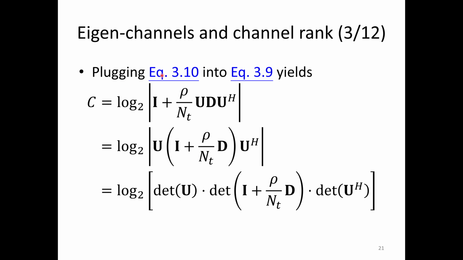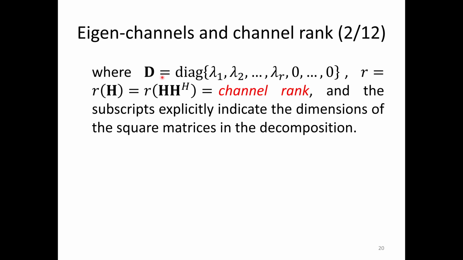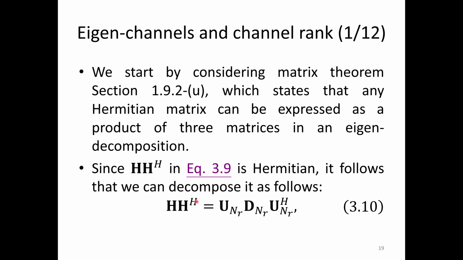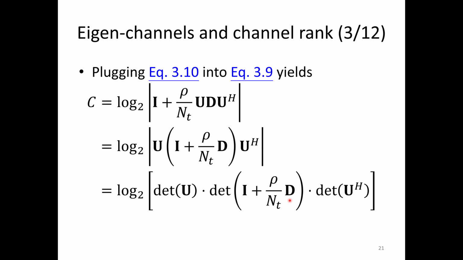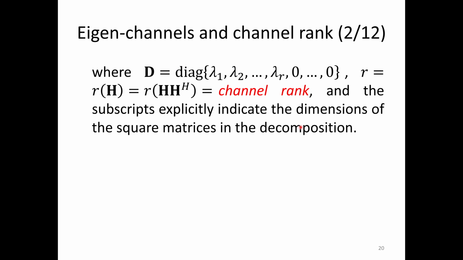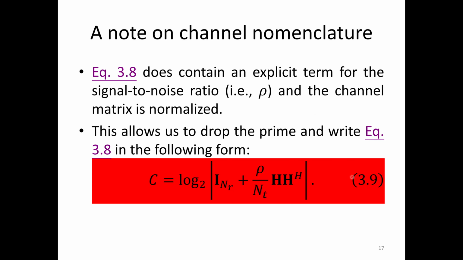Okay, plugging equation 3.10 into equation 3.9 yields. Okay, let us go to equation 3.10. H times H Hermitian is equal to U D U Hermitian. And let us see equation 3.9. Okay, in equation 3.9, C is equal to log 2 of the determinant of I_NR plus rho over NT times H H Hermitian.